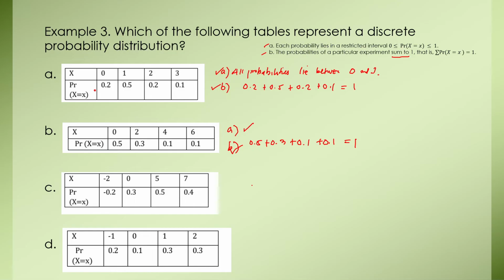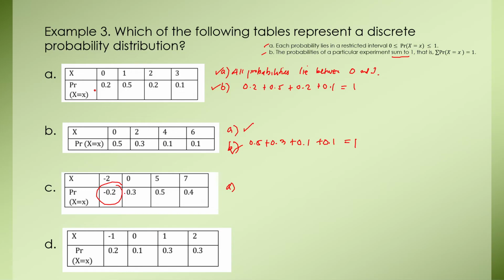The next one is this. So we have here a negative probability: negative 0.2, 0.1, 0.3. Okay, this one. So let us check. First, does each probability lie in the closed interval 0 to 1? The answer is no, because a probability is negative 0.2. It does not lie between 0 and 1.